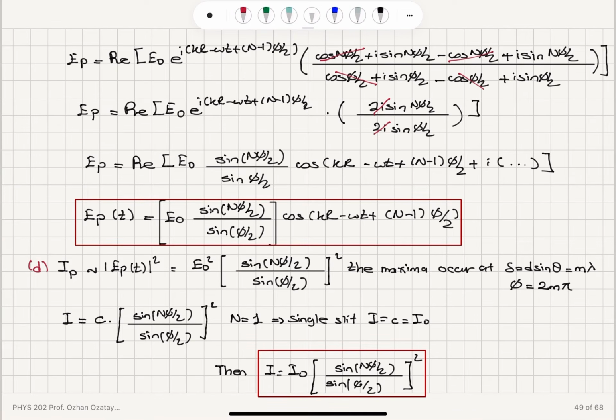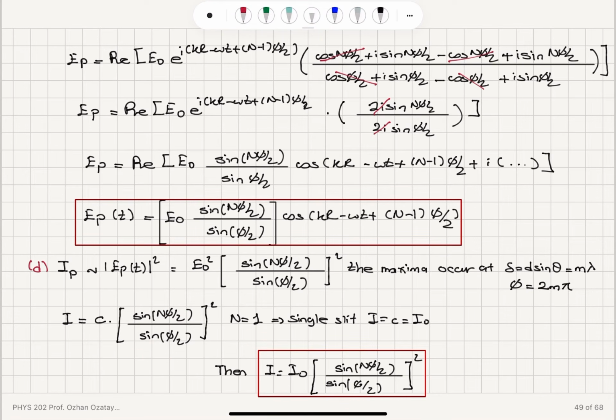So here I have looked at the intensity at point P by looking at the magnitude of the electric field at point P squared, because it's proportional to that. And for N equals 1, I call the maximum intensity I0. The maximum intensity is basically this constant C here, which occurs when φ is equal to 2mπ.